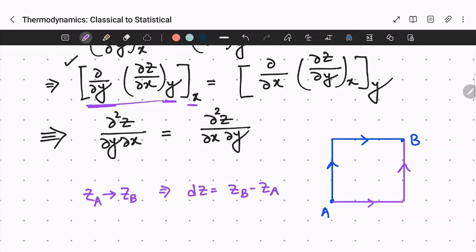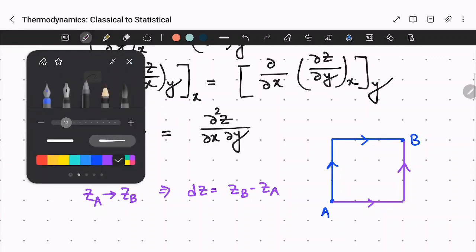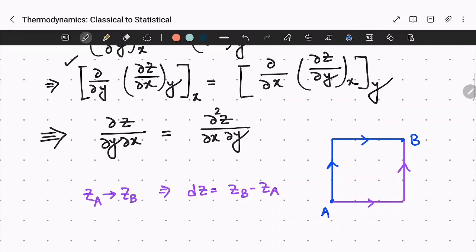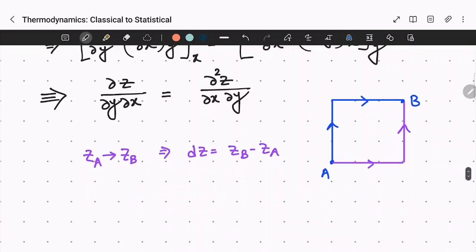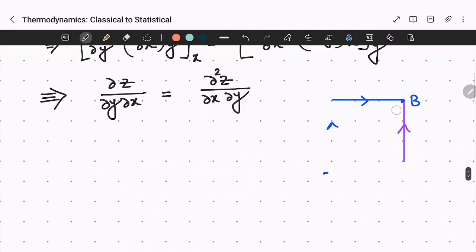So both changes should be the same if it is a state function. That's why a state function should follow this equation, which is the condition to be an exact function. Probably it is understandable. Details we can do with the mathematics, but we are not getting into that.